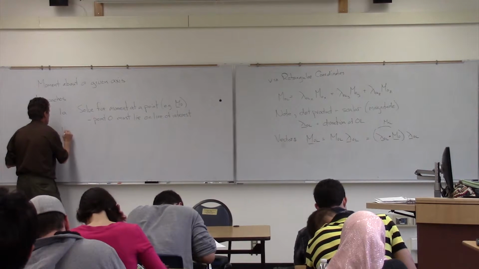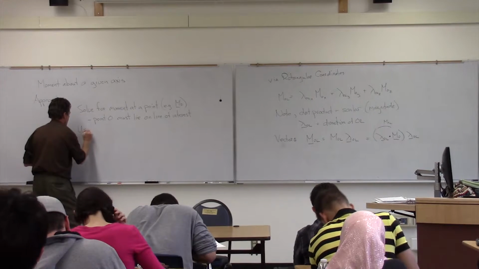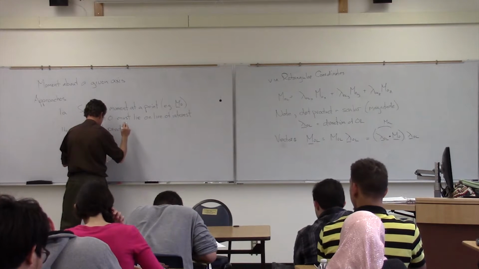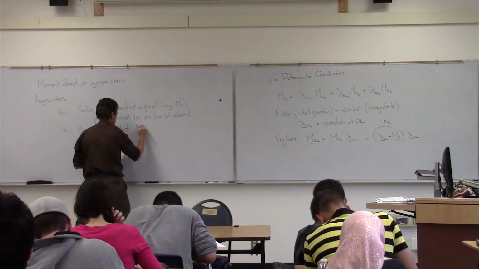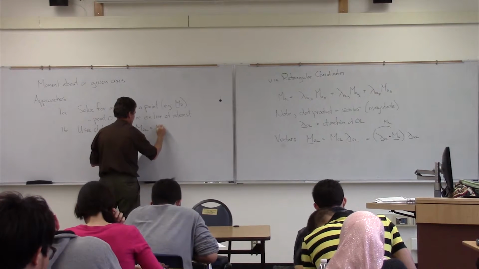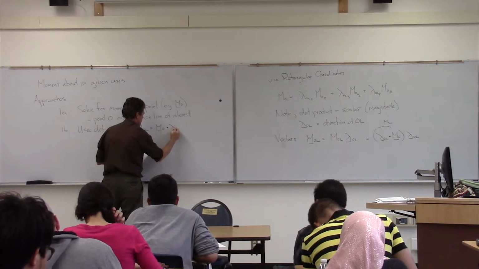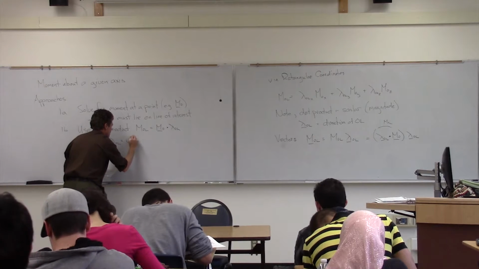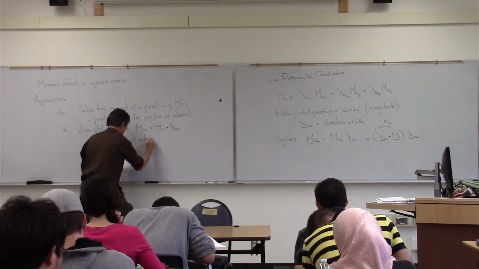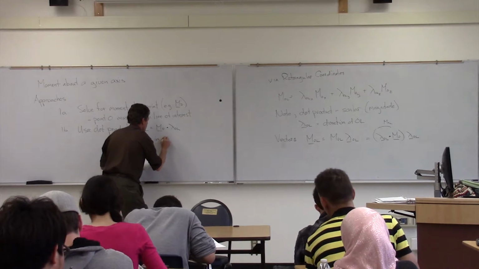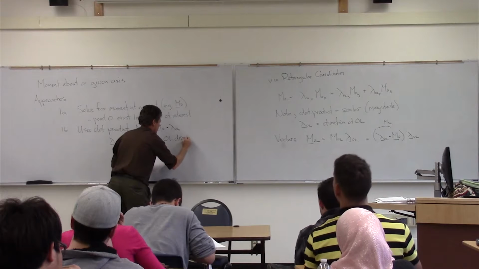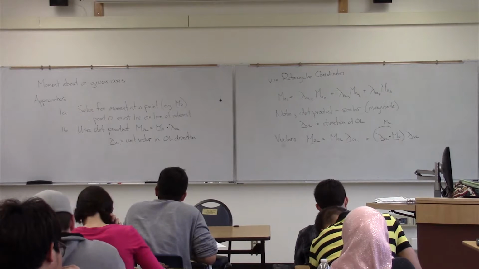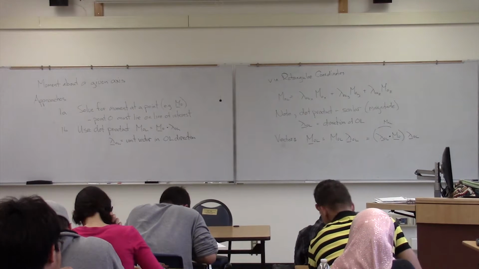And then 1B, step B is then creating that unit vector OL and then using the dot product.